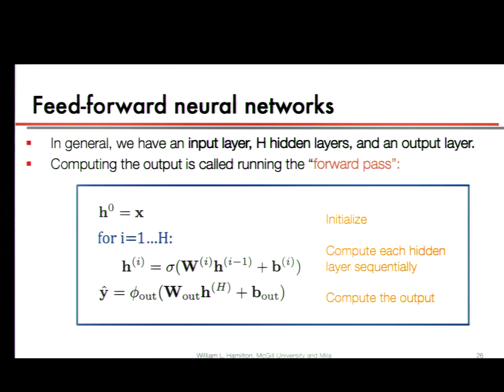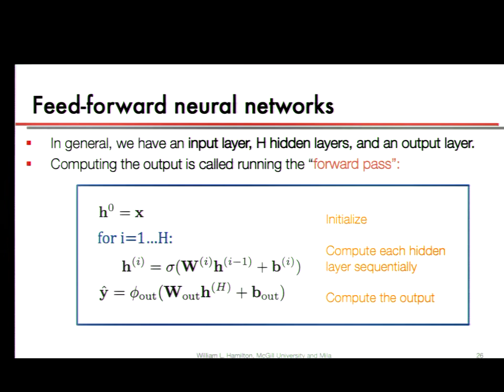The easiest way to write down this forward pass is like this. The first thing we do, for notation's sake, is say that H0, the 0 layer hidden units, are equal to the inputs, and then the hidden units at layer i are a sigmoid of our matrix times the hidden units at the last layer plus a bias term. So it's a really simple iteration or recursion: to get the hidden units at layer i, they're a sigmoid of a linear function of the hidden units at the previous layer.